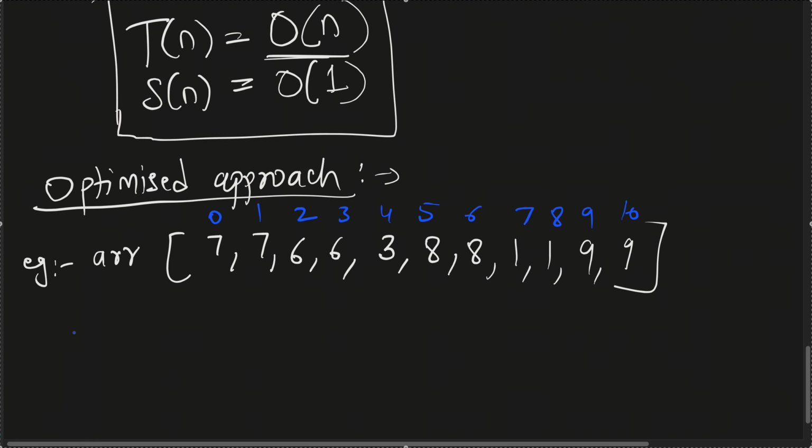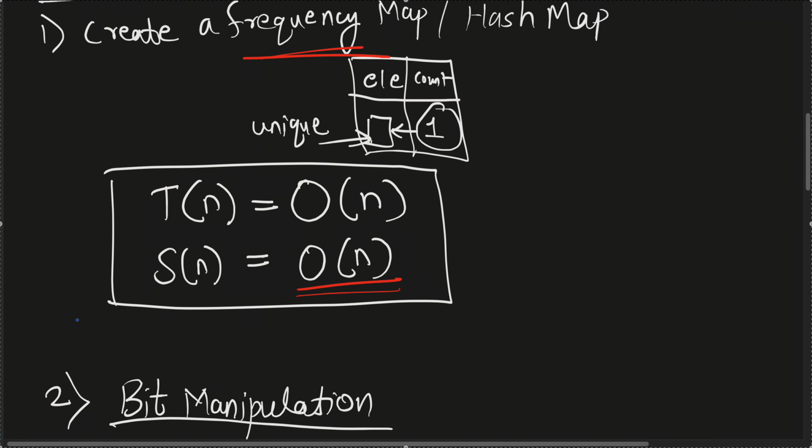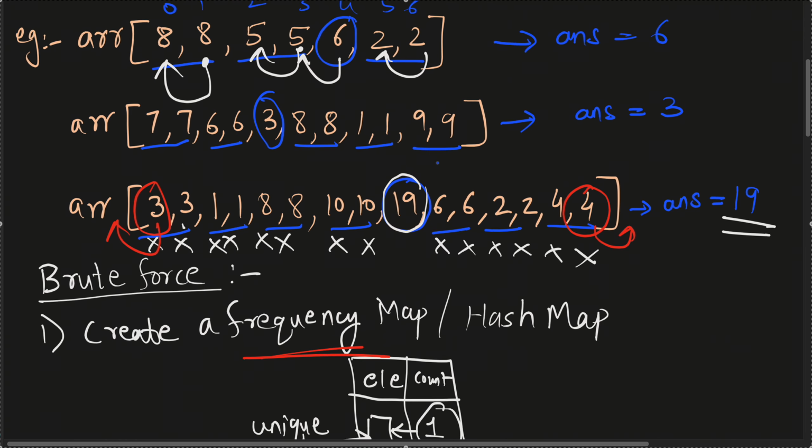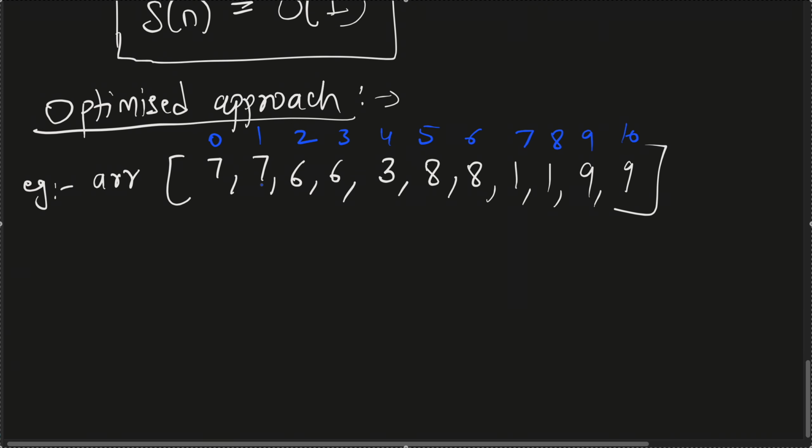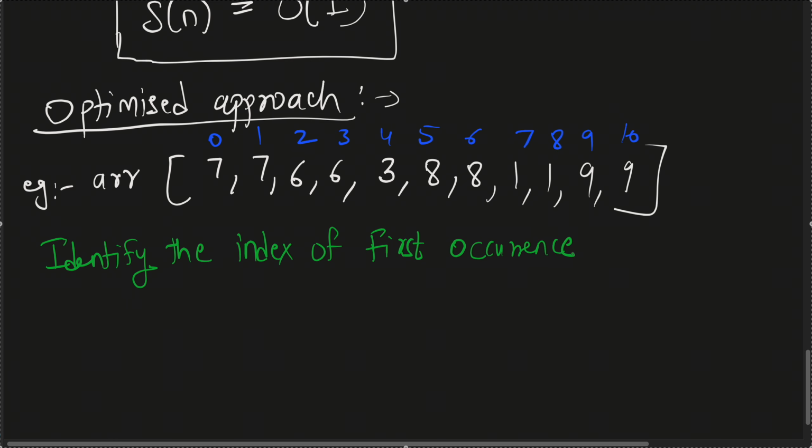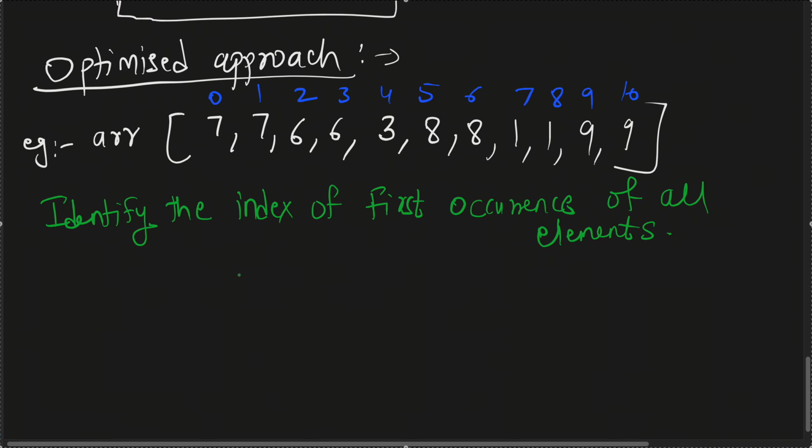Because they have given in the note that duplicate elements are adjacent, here each element is coming 2 times. So let's do some identification: let's identify the index of the first occurrence of each element.